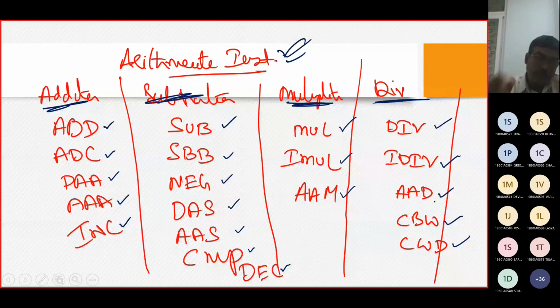So this is the holistic unit for the arithmetic instructions.